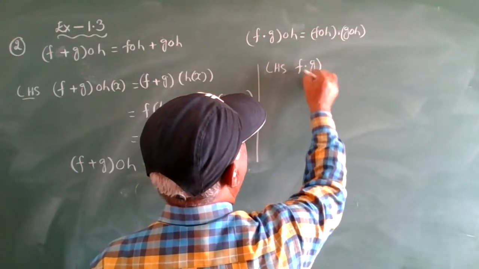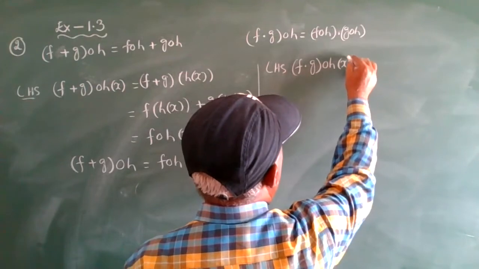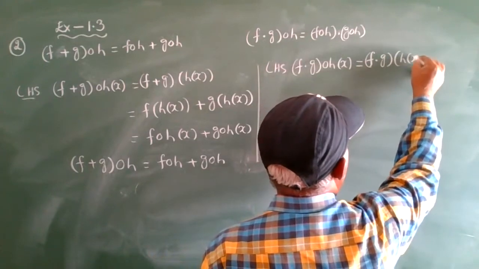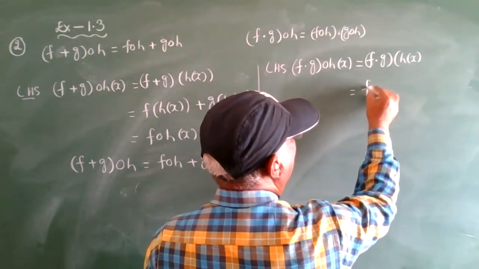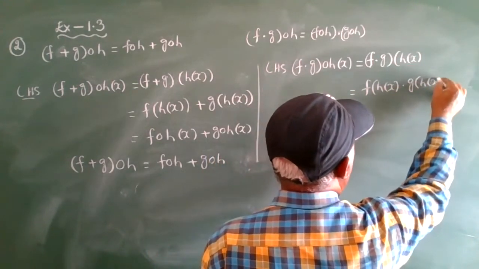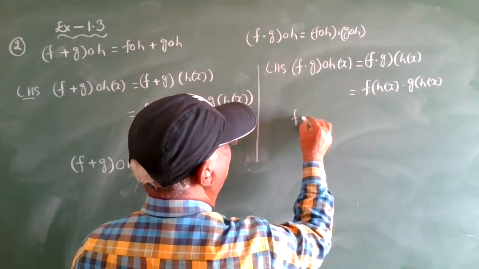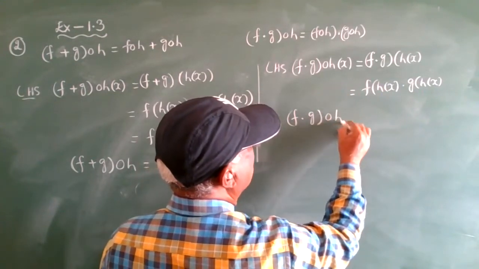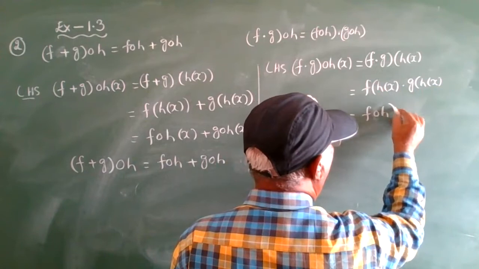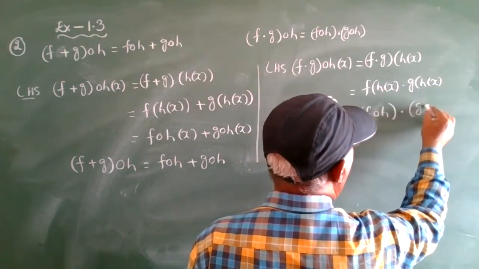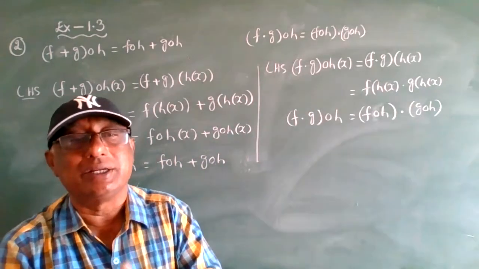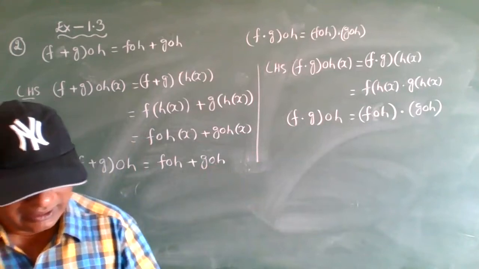(F into G) circle H at X is (F into G) of H of X. Multiply every function: F of H of X into G of H of X. So (F into G) circle H is equal to F circle H into G circle H. That's enough. Only multiplication of the functions, addition of the functions. That's enough. Okay? Right.